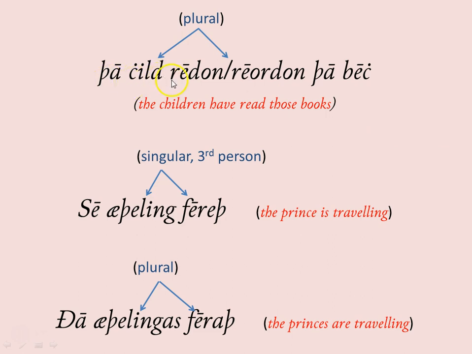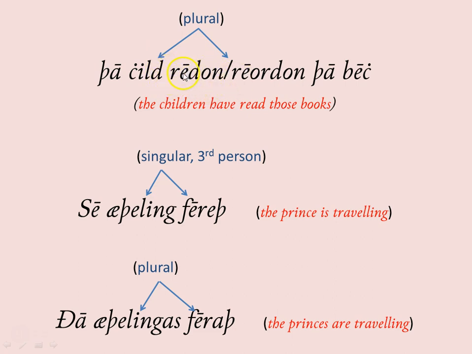Next, tha child raidon tha beach. Or we could say, tha child rayordon tha beach. So the children have read those books. Raidon or rayordon are both past tense of read. So have read is how it should be translated, even though we don't have the Old English word for have here.